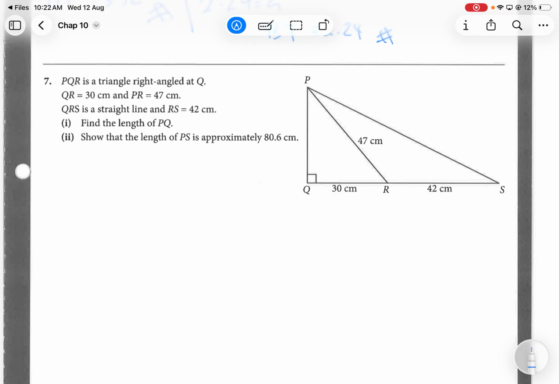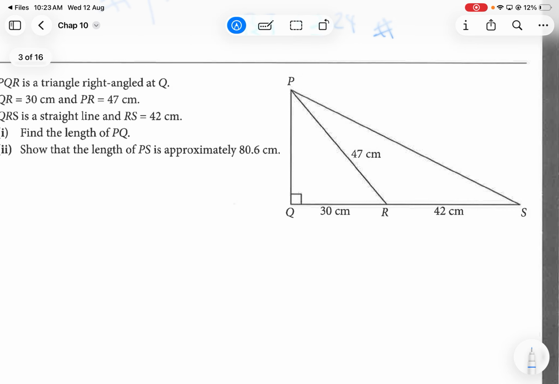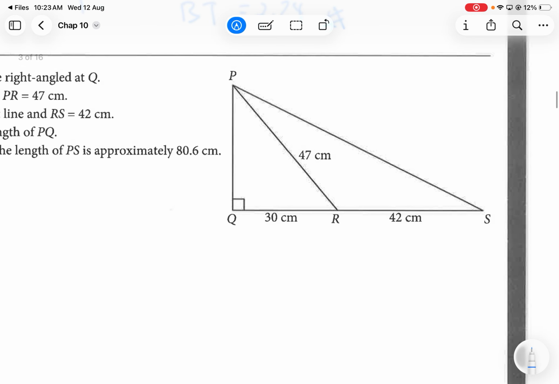Difficult, meh? Still the same one: longer side, the other two shorter sides, square, then add together. Shorter side, R squared is 1309, ma.